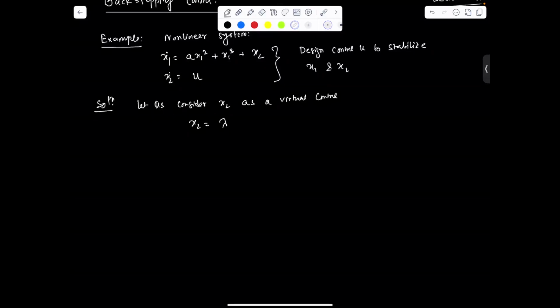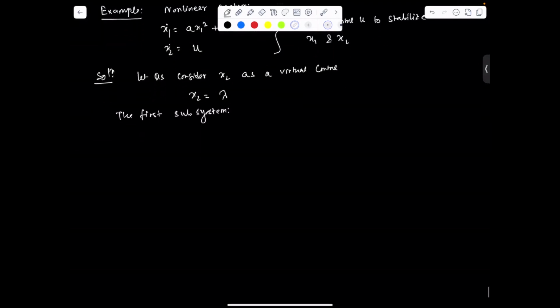And for this, the first subsystem, which is basically the x1 dot dynamics, yields x1 dot equal to a x1 square plus x1 cube plus lambda.